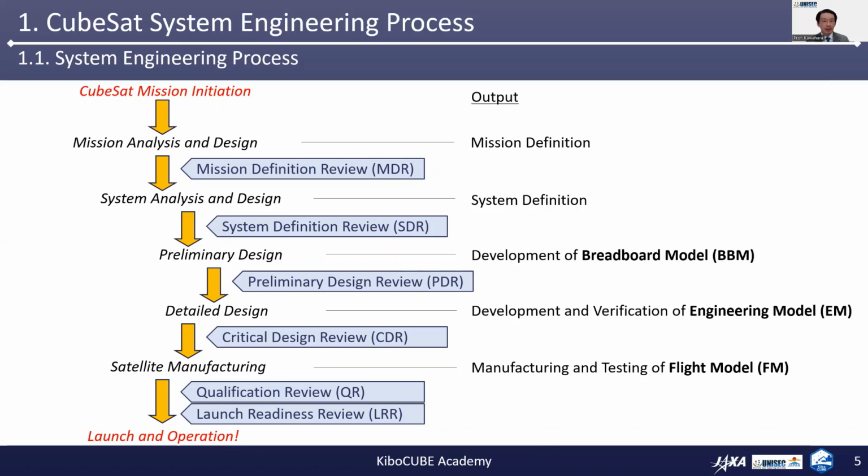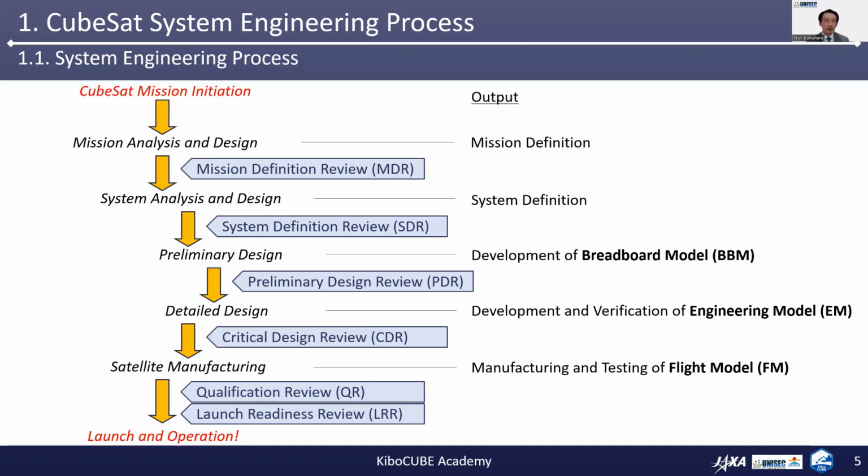Though it is called a design process, this is a step where the manufacturing of the engineering model of the satellite starts, and the design and the functionalities are tested. So the output of this activity is the development and verification of the engineering model, which is also called EM. The result of this detailed design process is reviewed in a critical design review, or CDR.